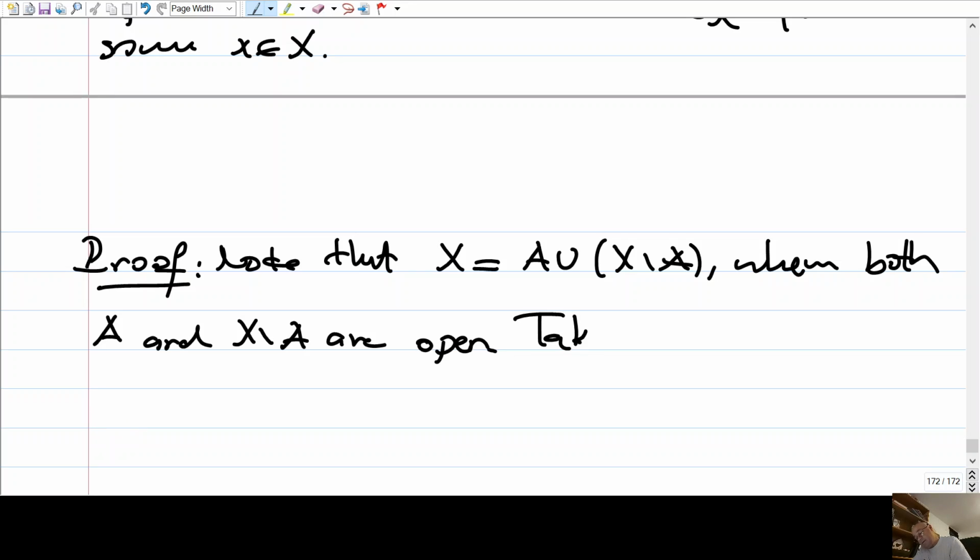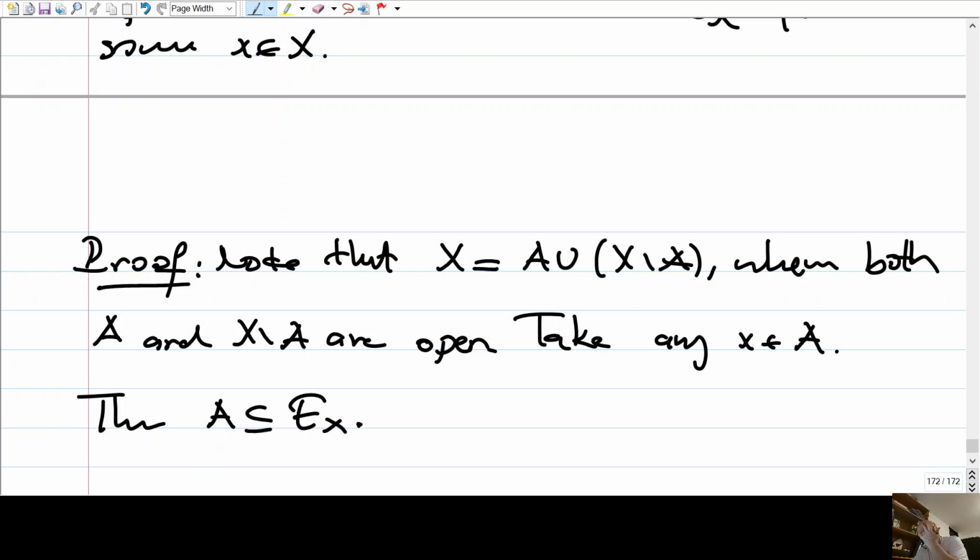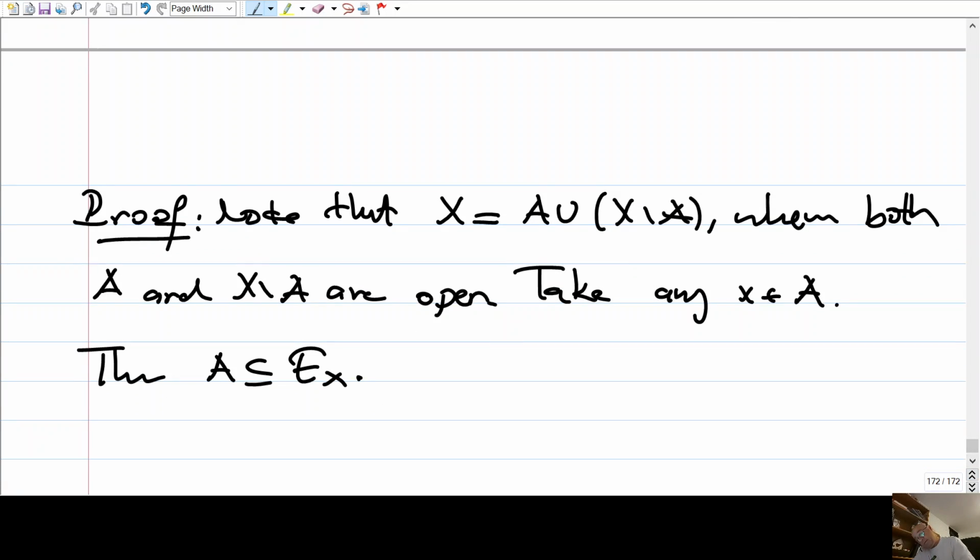Take any x in A, then A is in E_x, right? Because E_x is the largest connected set containing x, but A is also connected. And we have this because x is in A and A is connected.